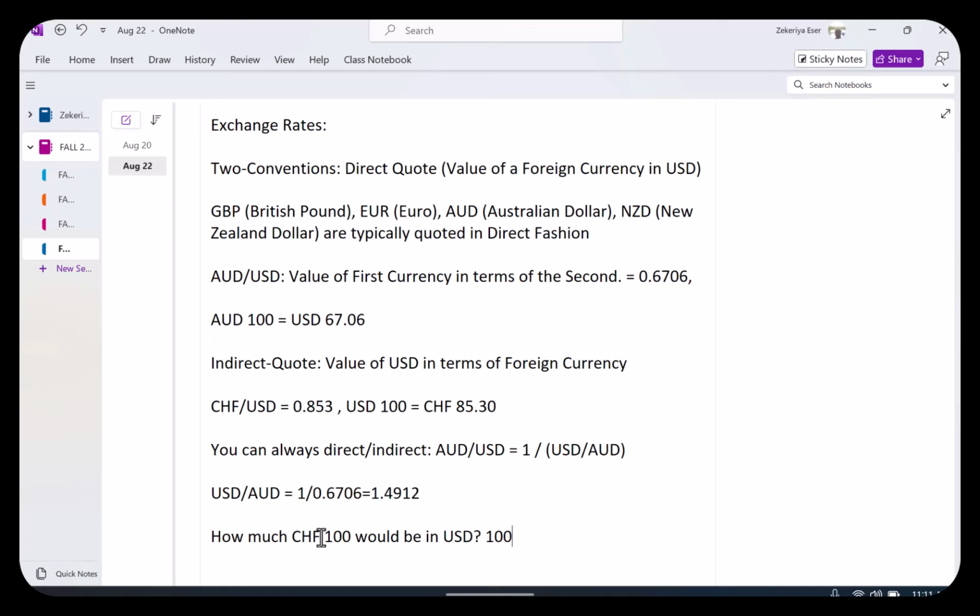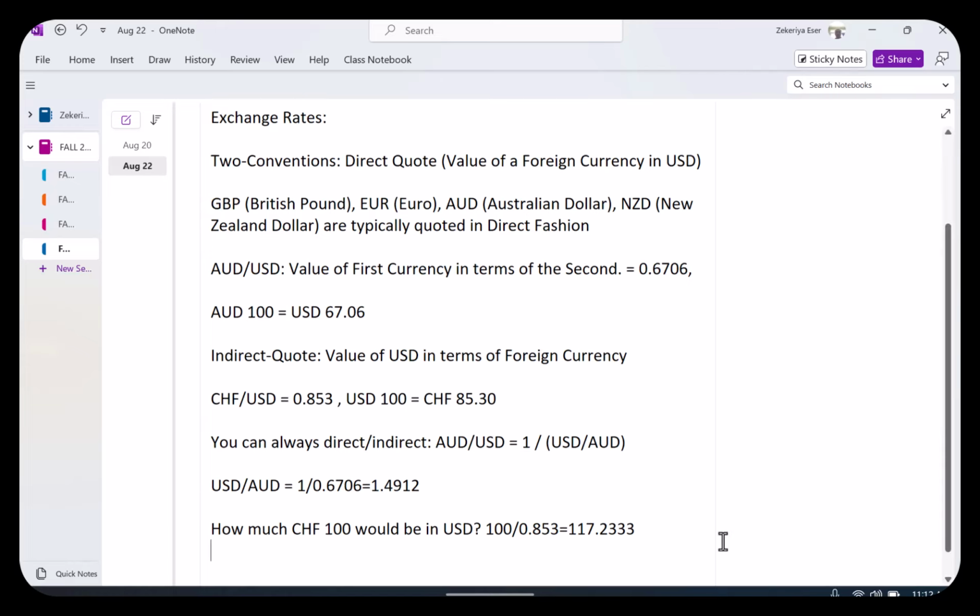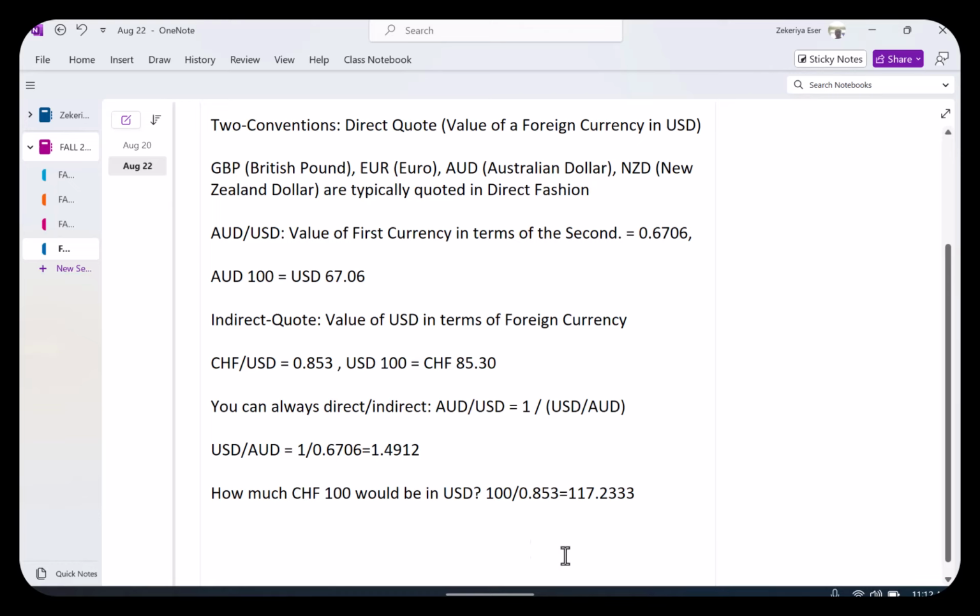In this case, 100 divided by 0.853, because that's the direct exchange rate, 117.23. By the way, OneNote has a built-in calculator. Unlike Excel, you put the equal at the end instead of at the beginning, but it can calculate it for you. Right?